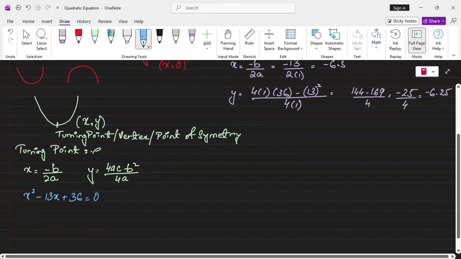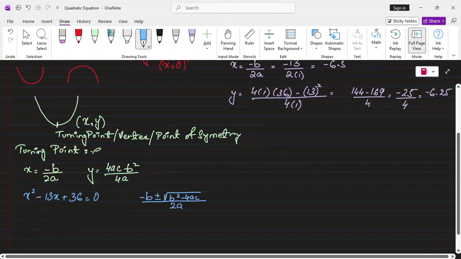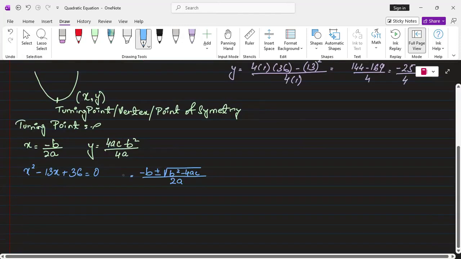One is the quadratic formula, which is minus b plus minus under root b square minus 4ac upon 2a. You can simply apply this formula to find the values of x. There are two values of x, and these will be the roots of the equation. This is one method of solving it, and the second is middle term breaking.